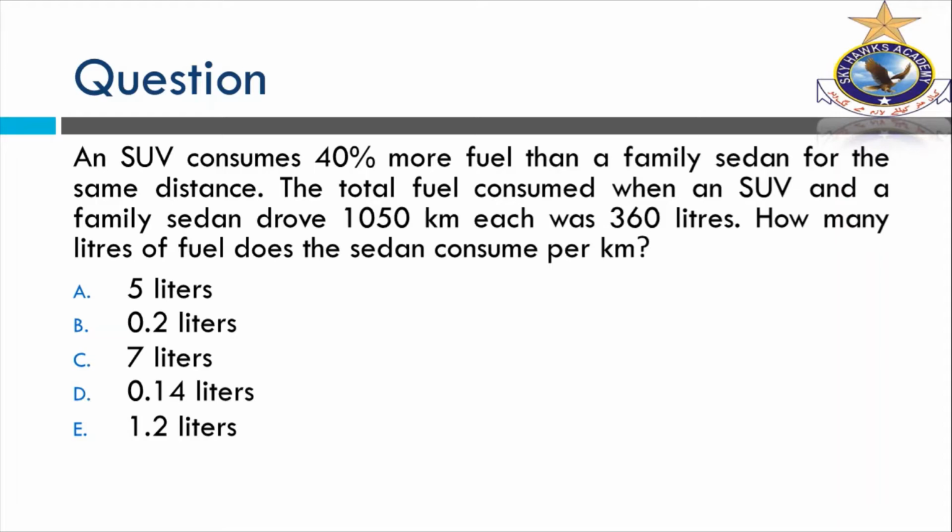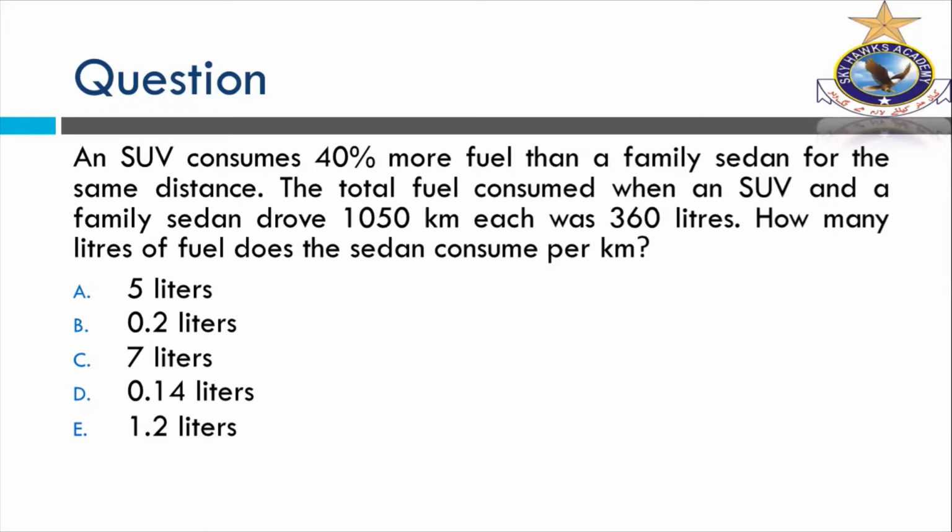We are looking for the comparison of the two vehicles, SUV and the sedan, and the total distance covered by each car is given, and then there is something special with the consumption of the fuel. This time we have five choices: 5 liters, 0.2 liters, 7 liters, 0.1 liter, and 0.2.